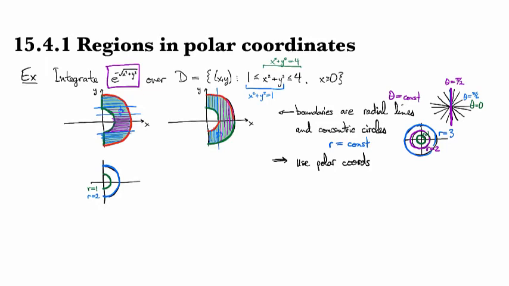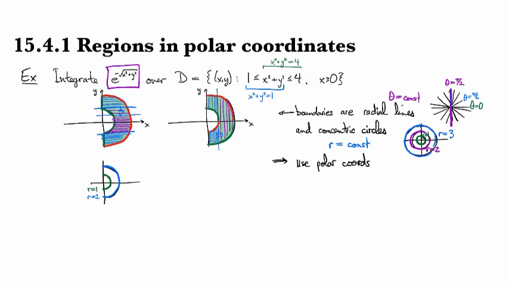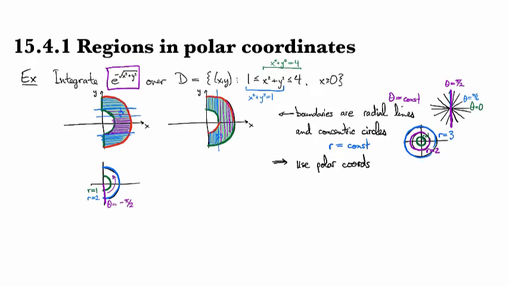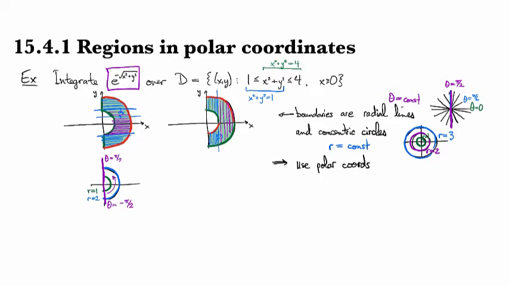And then we're going to be considering this from where theta goes from minus pi over 2 all the way around to where theta equals positive pi over 2.